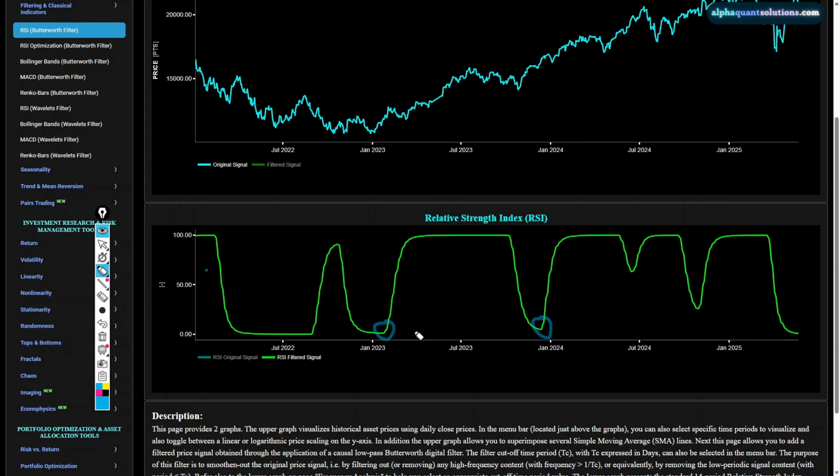You could argue that this is also another one, but we will only keep the ones where the RSI is really below a certain threshold. So that's an additional condition we will add.